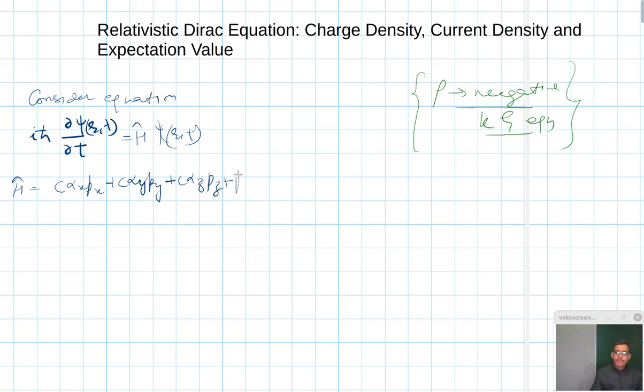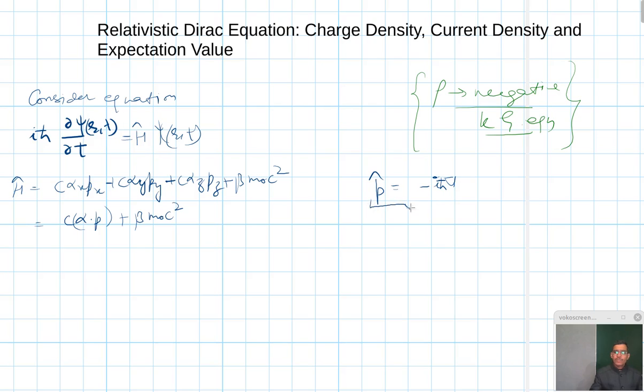Plus beta m naught c square. So it can be written as c alpha dot p plus beta m naught c square. And as I know, this momentum p is basically minus iota h cross del.